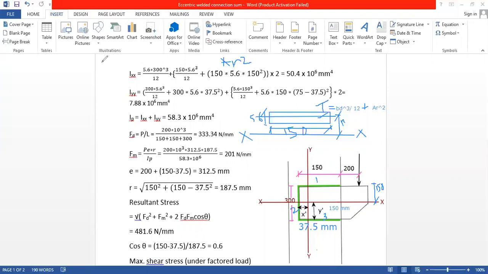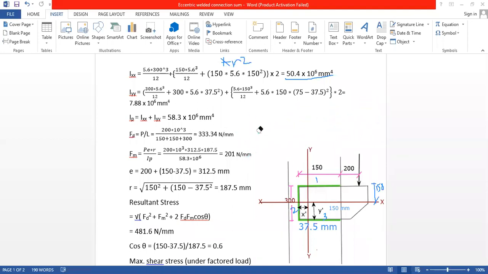After calculating this big expression, be very careful with it, my value is coming as 50.4 into 10 to the power 6 millimeter to the power 4.